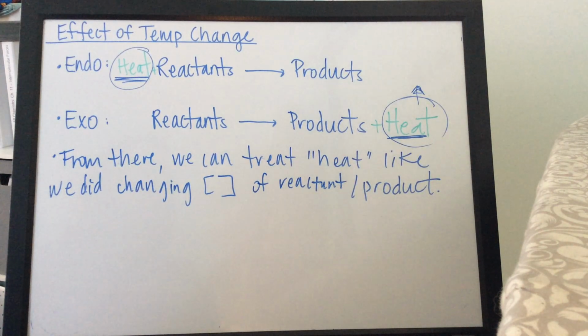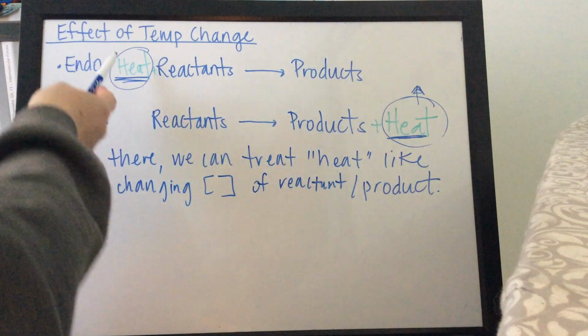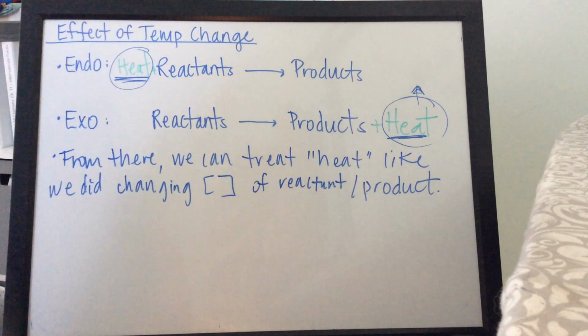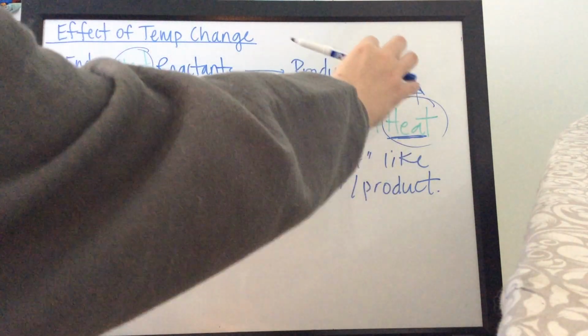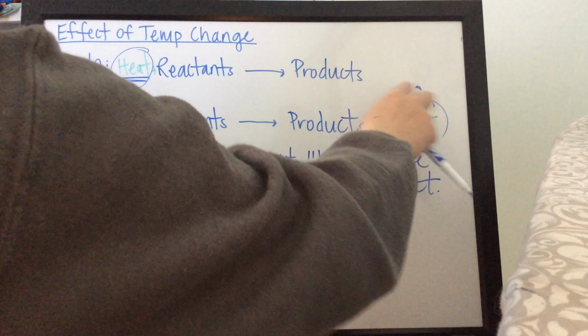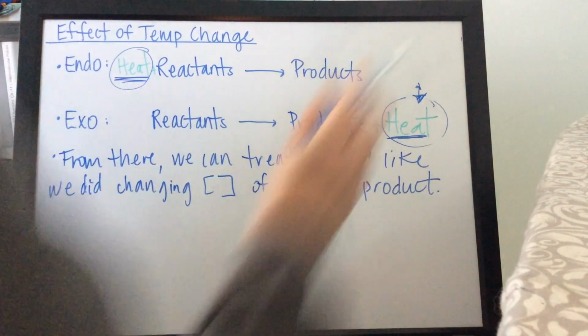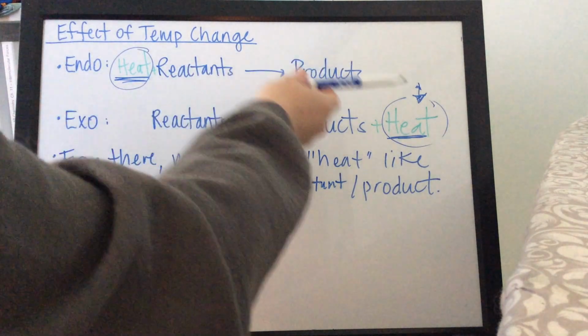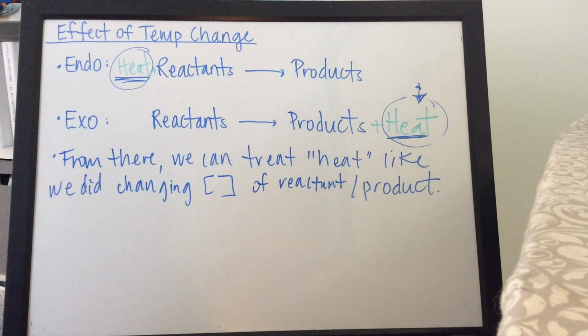We could also talk about lowering the temperature of a reaction. If it's endo and you lower the temperature, it means you're removing heat, and you would need to make up for that heat, so you would shift it to the left. In an exo, if you lowered the temperature, that would cause the reaction to shift to the right to replace that heat.